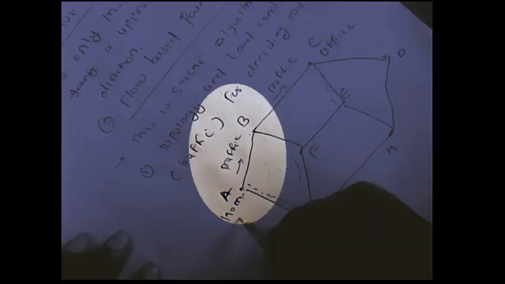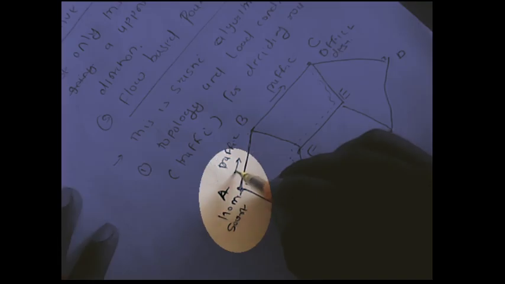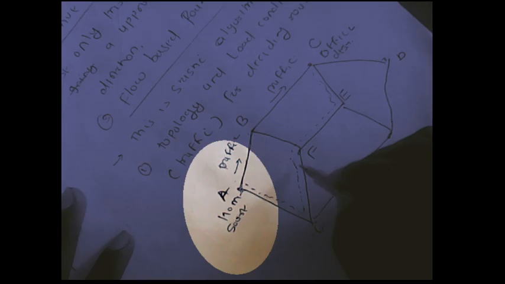This is my source and this is my destination, so according to the two conditions we can decide a route. If one day there is heavy traffic on the A to C path, we can choose another path that shows less traffic, this dotted line.